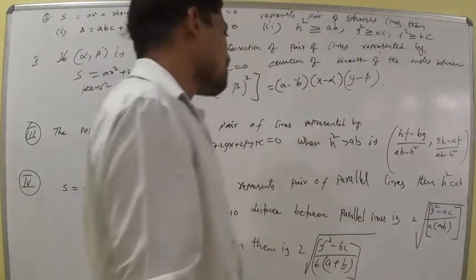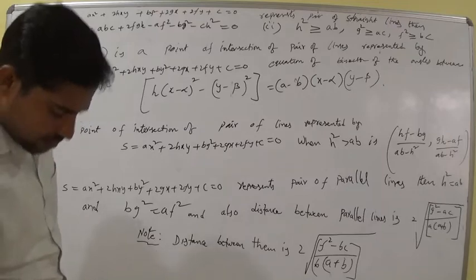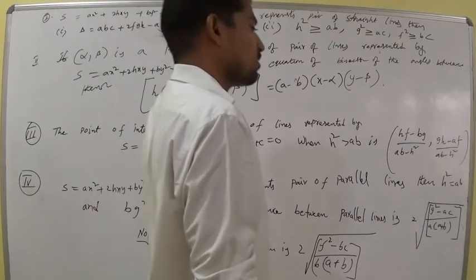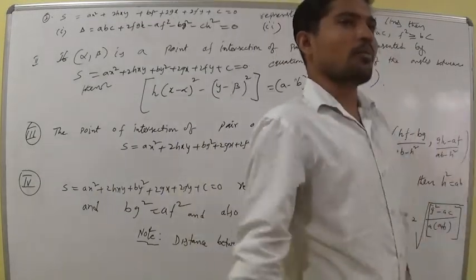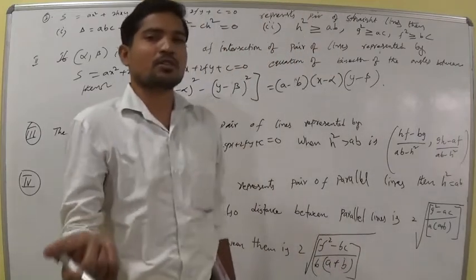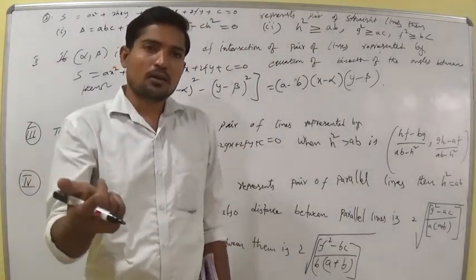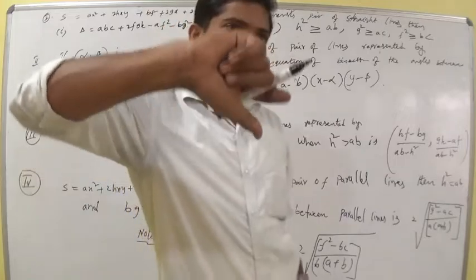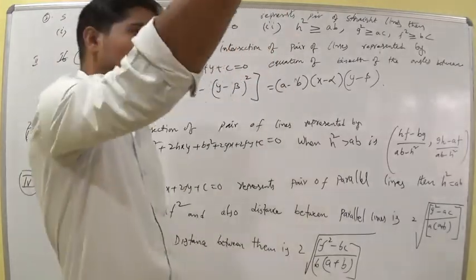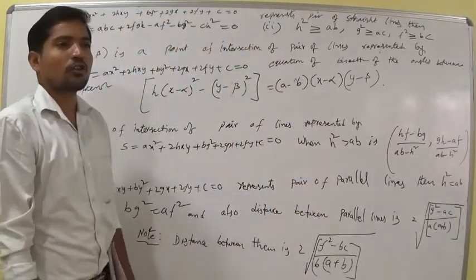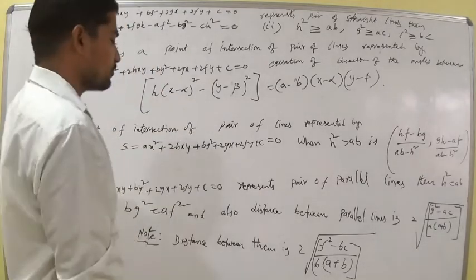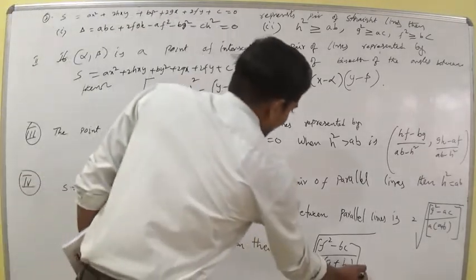See, the distance between the parallel lines is 2 square root of g square minus ac by a into a plus b, or 2 into square root of f square minus bc by a into a plus b, right?